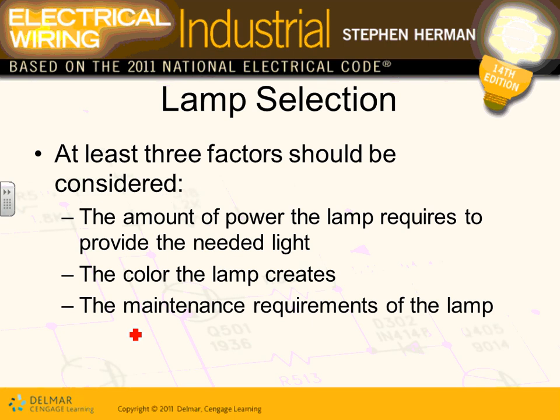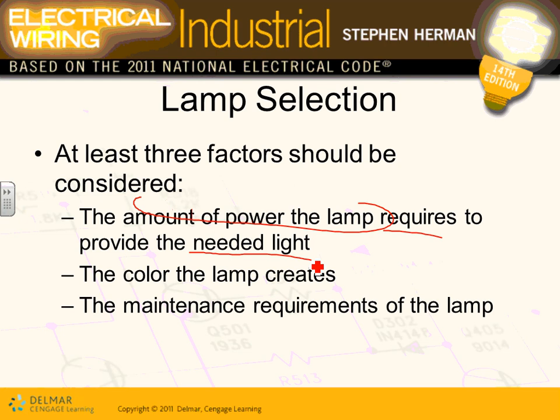If you were not to select an LED, when you start working on a project, here are a few factors you have to take into consideration. The amount of power the lamp will require to provide the needed light. The power consumption, how efficient the light is, how many lumens per watt this fixture is going to give you. Obviously, the more lumens per watt, the more efficient the fixture is.